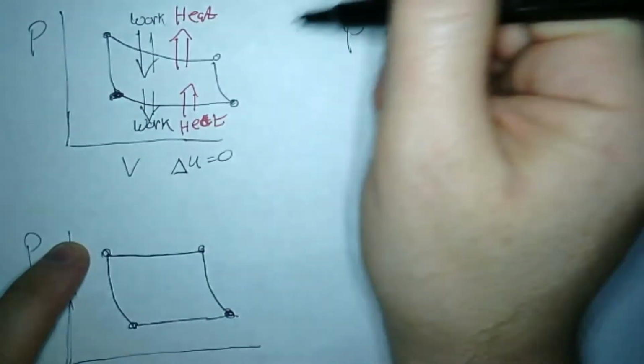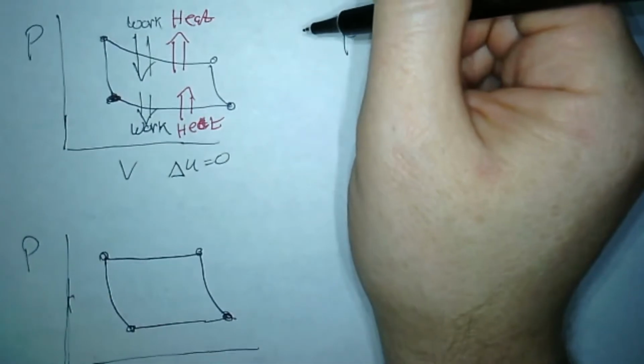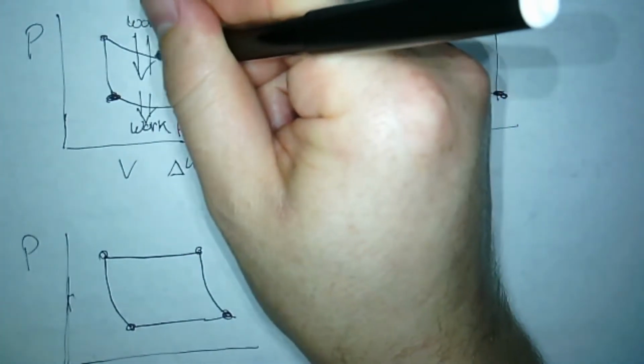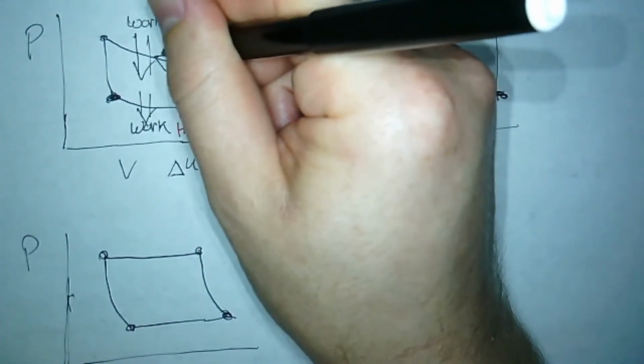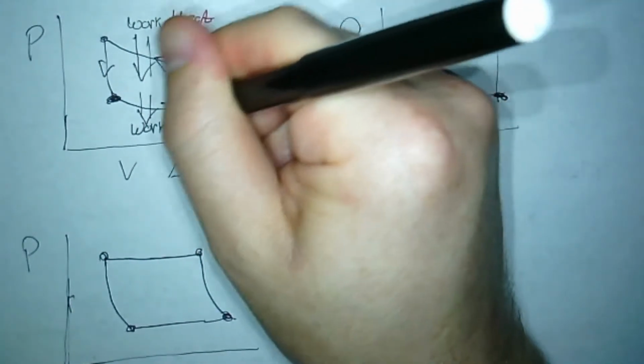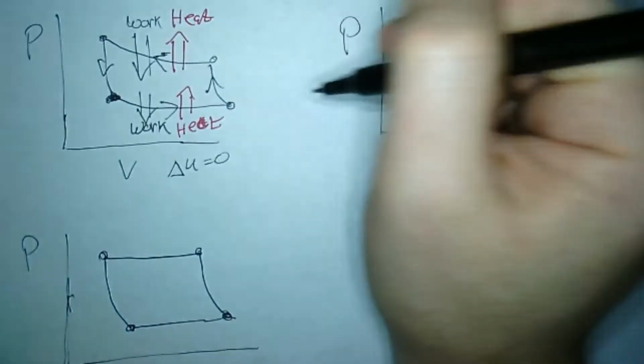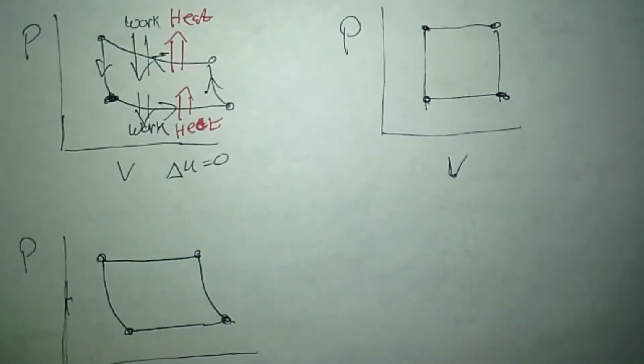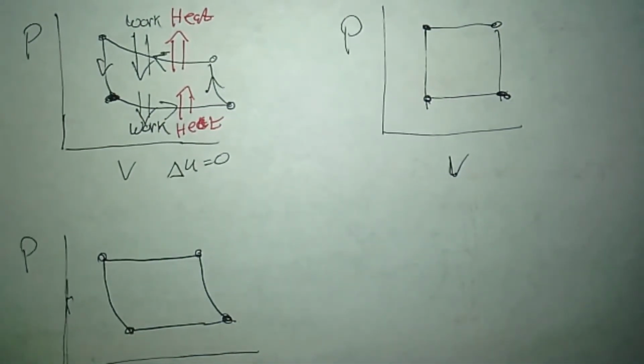So I've just switched the directions of this. What if I just switch the direction of the cycle to figure out how to make this work? What if, instead of having it flow clockwise, I had it flow counterclockwise? That is the thing you can do, and that would make this a refrigerator.